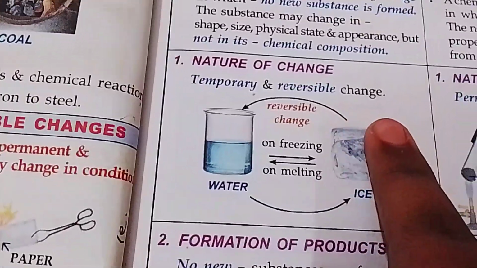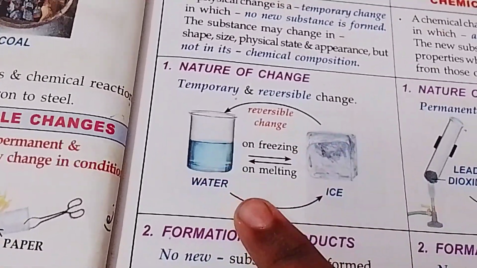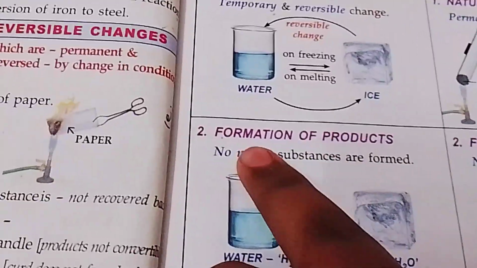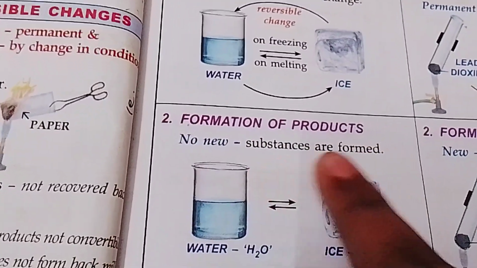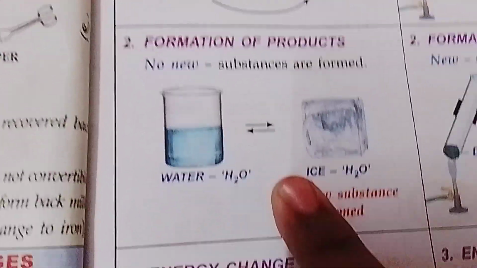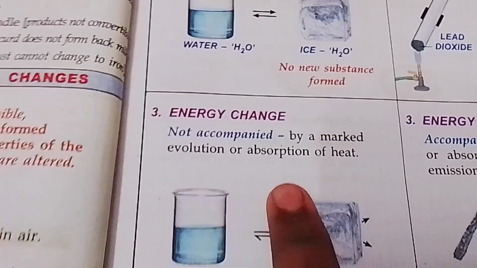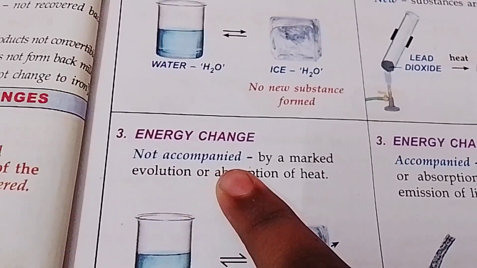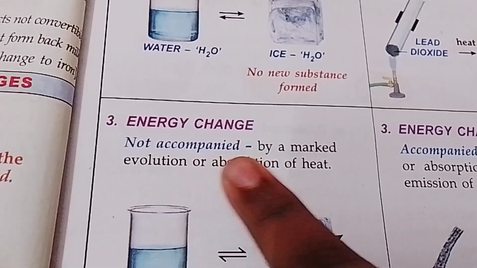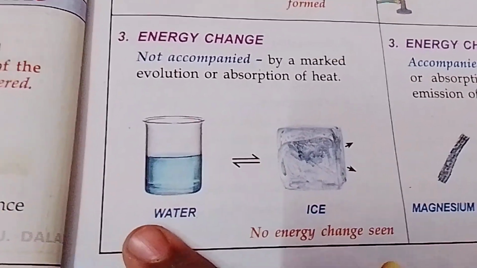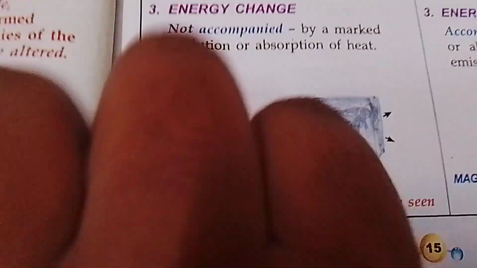Nature of change: temporary and reversible change. Example, reversible change on freezing or melting of water to ice. Formation of products: no new substance is formed. Water H2O, ice H2O, no new product formed. Energy change. Not accompanied by a marked evolution or absorption of heat. Water, ice, no energy change.